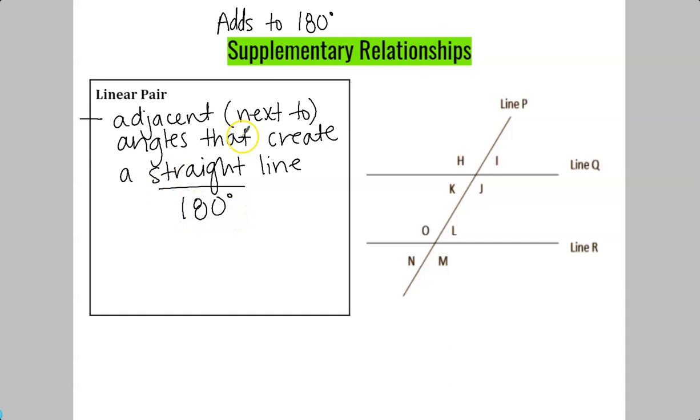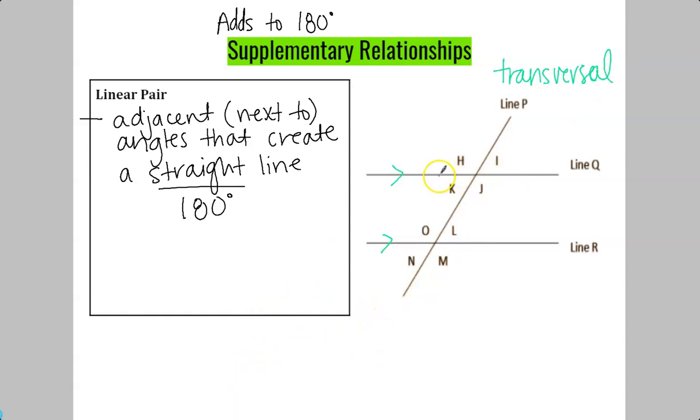Okay, so let's look at again our parallel lines here that are cut by our transversal. And to be honest, there are so many linear pairs in this picture, but let's pick out a couple of them.